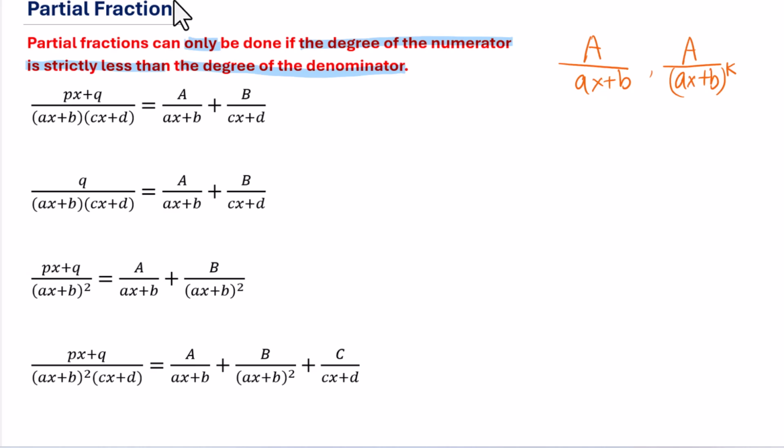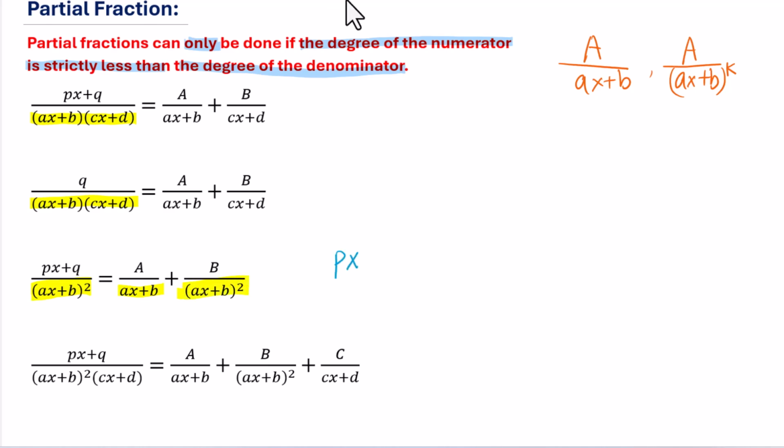When denominator is a quadratic function, make sure it can be factored. When we have ax plus b squared as a denominator, pay more attention to this partial fraction. The denominator is ax plus b and ax plus b squared.